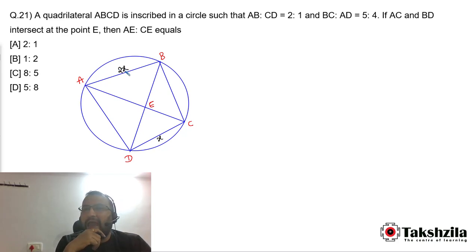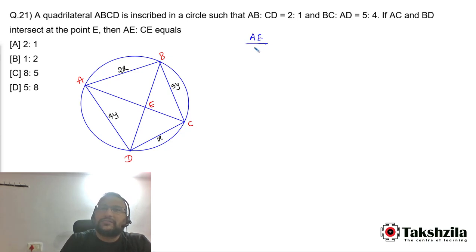And the ratio of BC and AD is 5:4. If BC is 5y, AD is going to be 4y. And AC and BD intersect at point E. We need to find the ratio of AE divided by CE. This is AE and this is CE. This is the ratio that we are supposed to find.